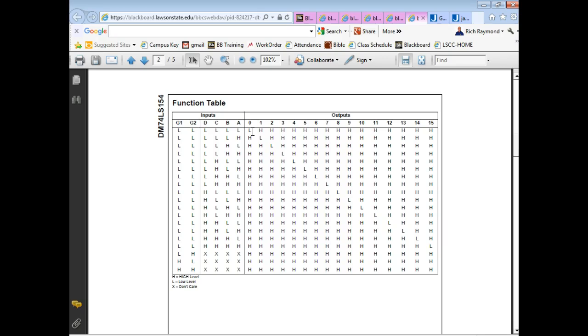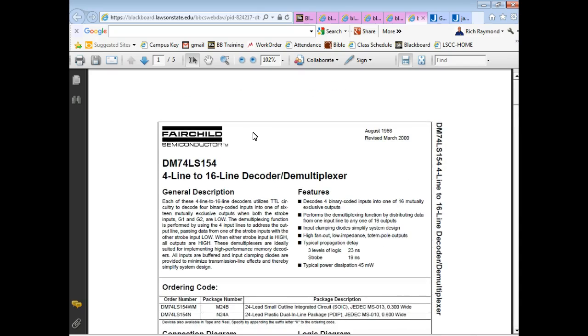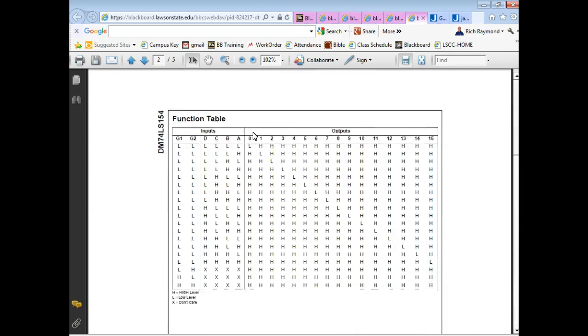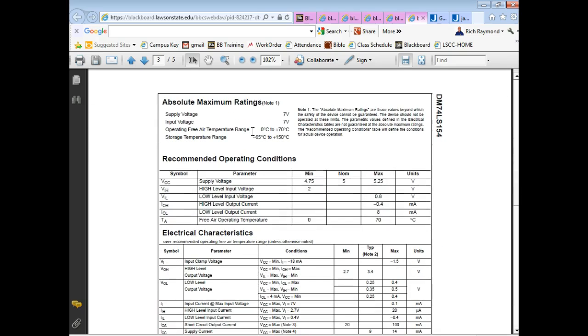What advantage does a low output have over a high output? We've talked about this already. Look at my low. Look at the low output. So here's my I low out. This is how much current I can get out of this thing for a low. I can get 8 milliamps for a low.